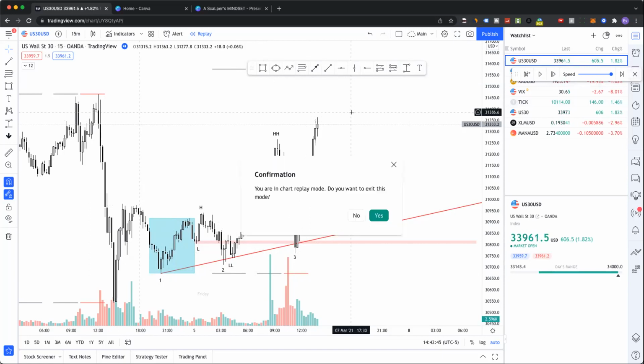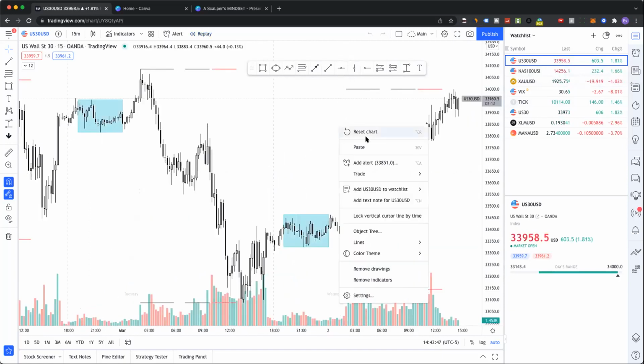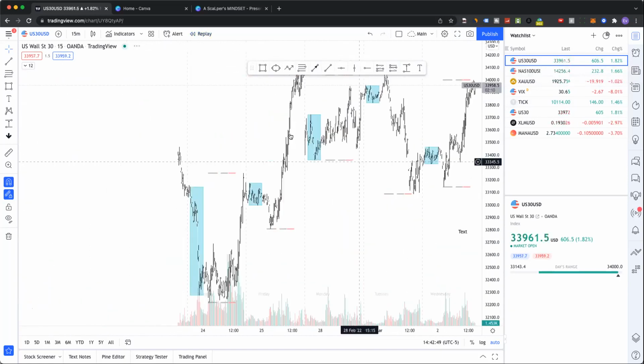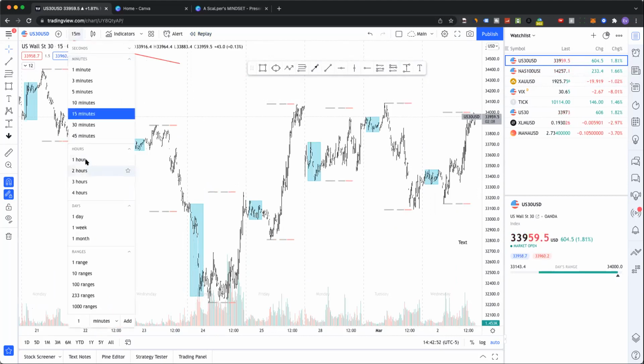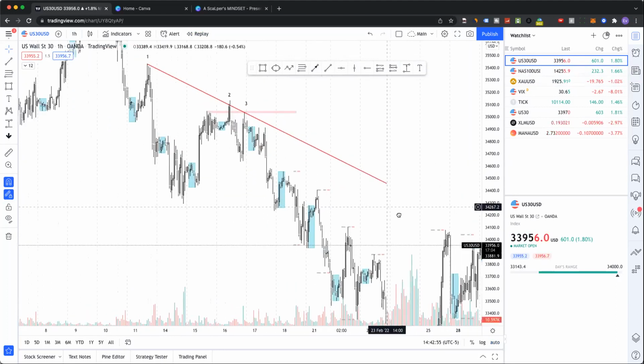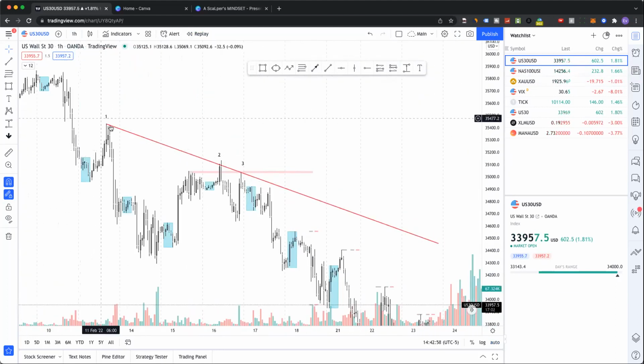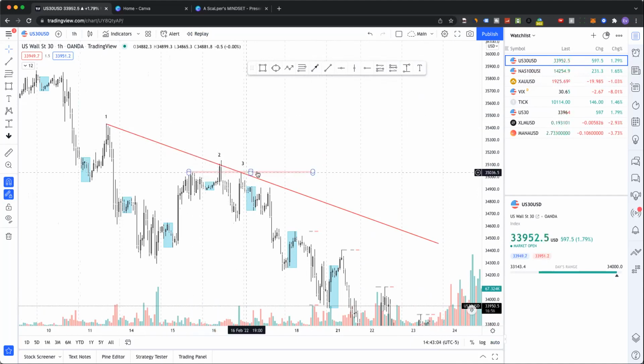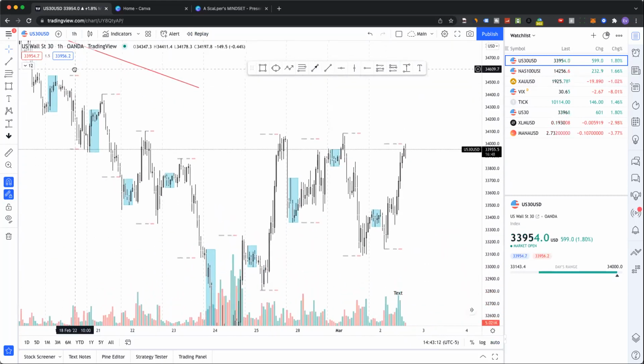Okay. Let's look at a 1 hour chart. Okay, here's another QM. We have our initial trend line, 2, 3, in line with our QM. High, low, higher high, lower low, third tap inside the trend line, and drop.